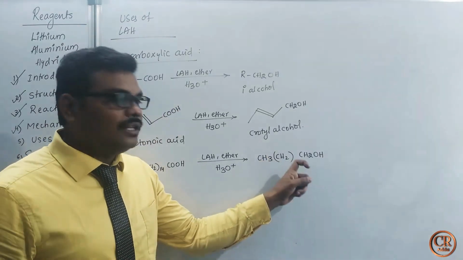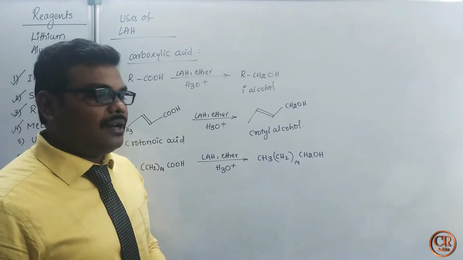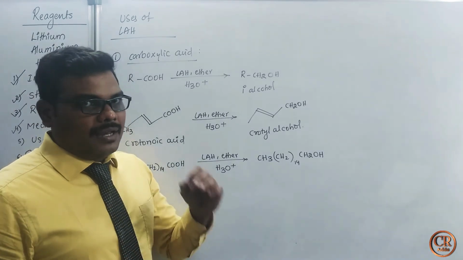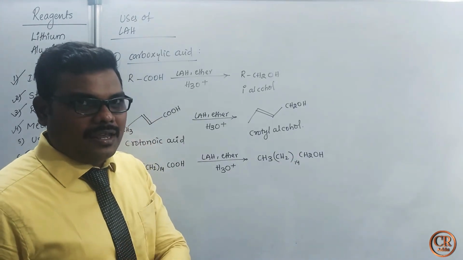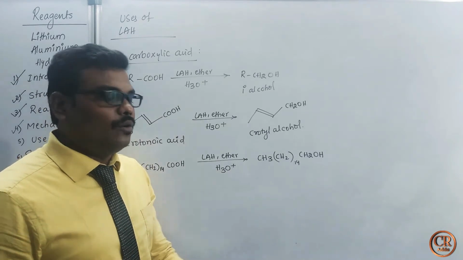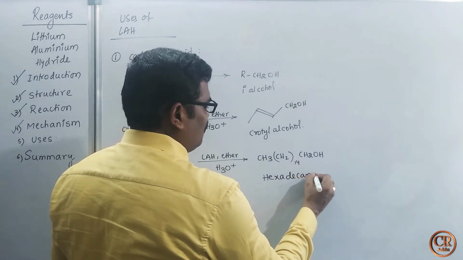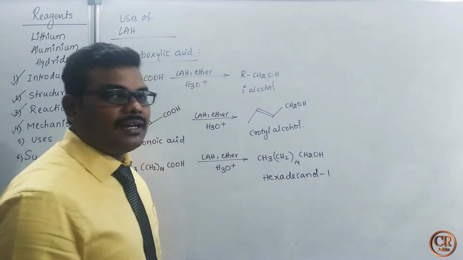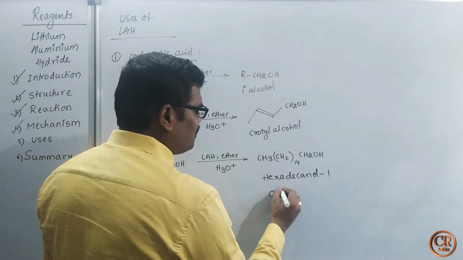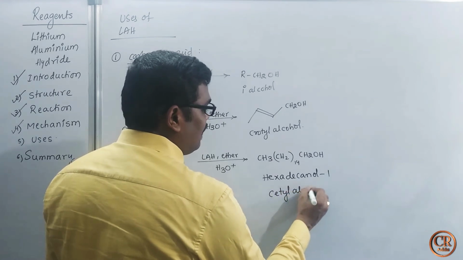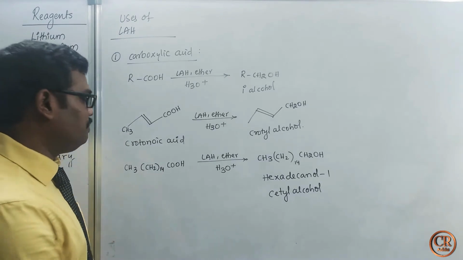See, 1 plus 14 plus 1, so total 16 carbons are there. Already you know, for 16 carbons, hexadec, plus all are single bonds, so ane, hexadecanol. You can also write it as hexadecan-1-ol. This is also called cetyl alcohol.